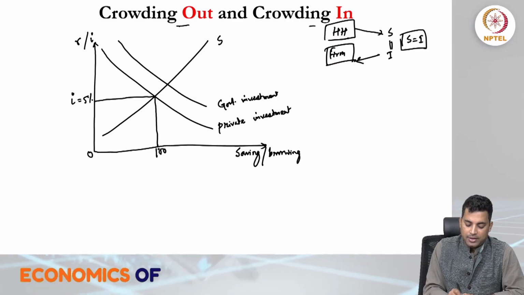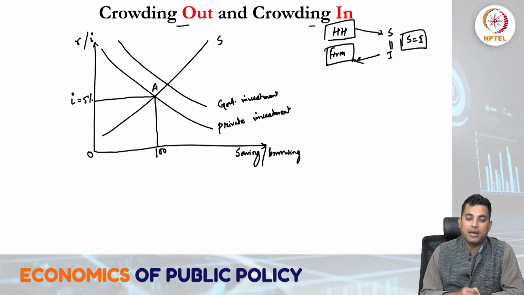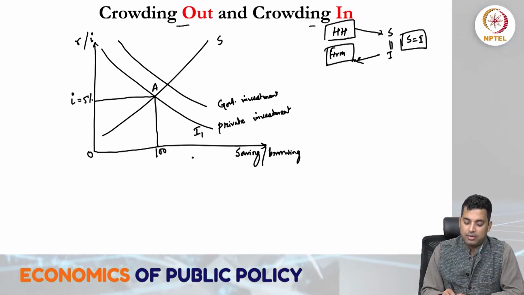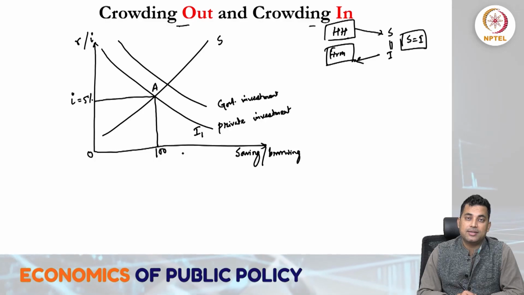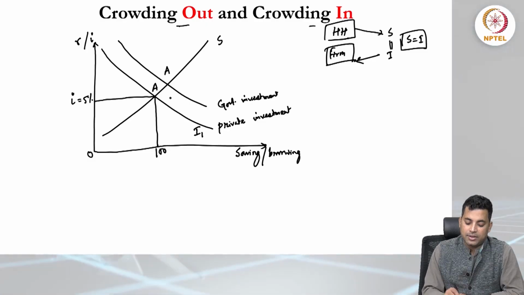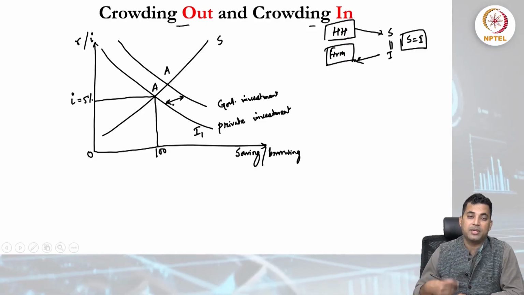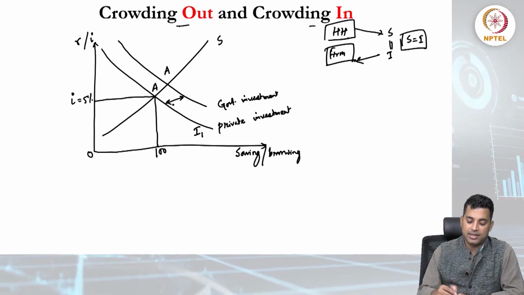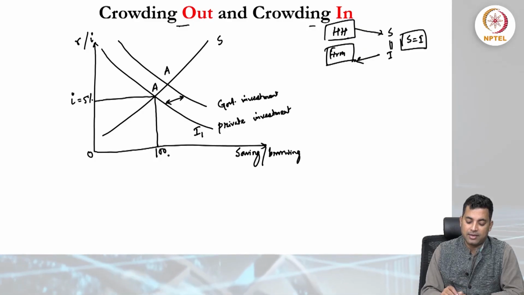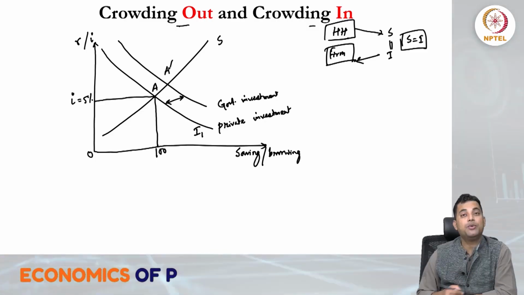Let's say 100 units here, and this is one equilibrium, equilibrium A, where I1 is intersecting total savings at A. And then another one, after raising the government's investment, the government is spending, so government investment has taken place, and therefore the investment including government expenditure has increased, and this is where we get the new equilibrium point.